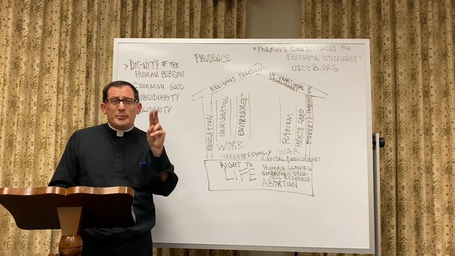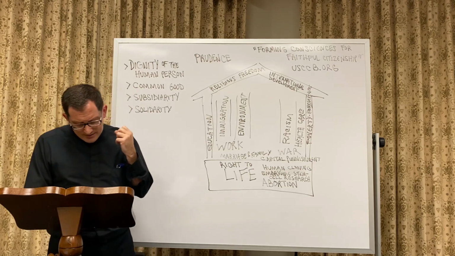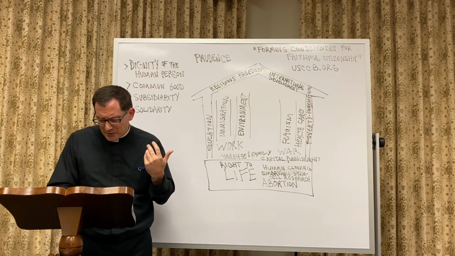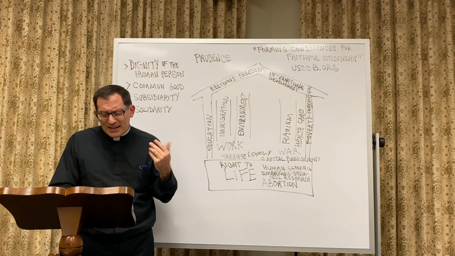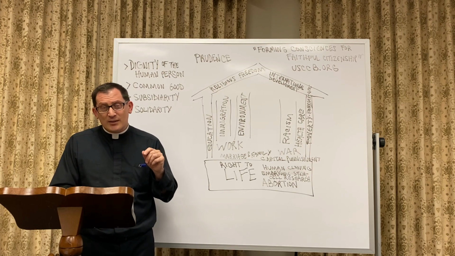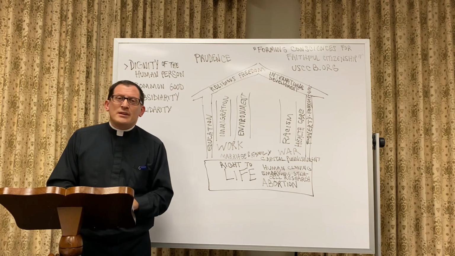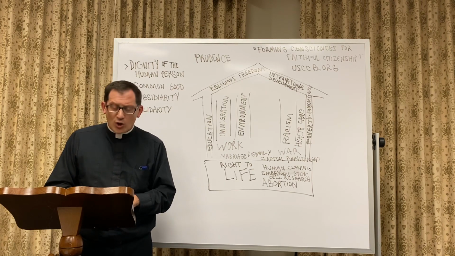right? Two persons. The church teaches, and this is from the Catechism, paragraph 2271, that direct abortion, that is to say, abortion willed either as an end or as a means, is gravely contrary to the moral law.